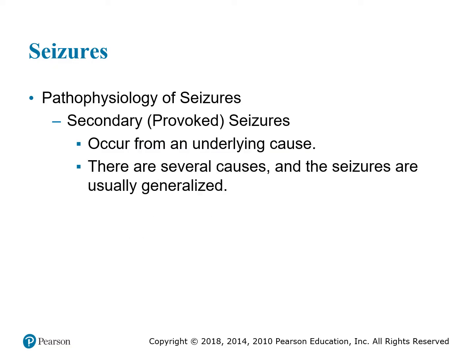The secondary seizure is a little bit more dangerous where it can be occurring from an underlying cause. And there are several causes, whether you have, you know, some kind of trauma or lack of oxygen or lack of glucose. And I think when it comes to our patients with primary seizures, because they're so used to the seizures occurring normally for them, they often lose track of the fact that it could be caused by something else.